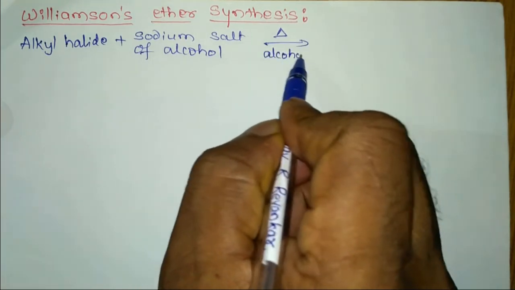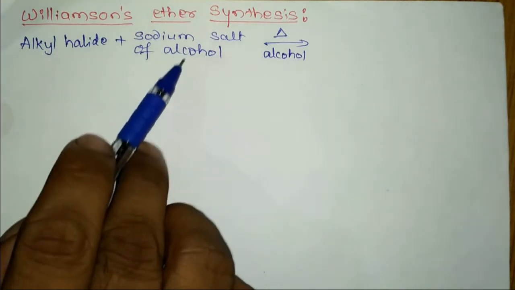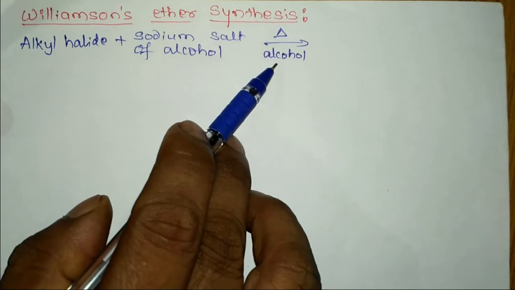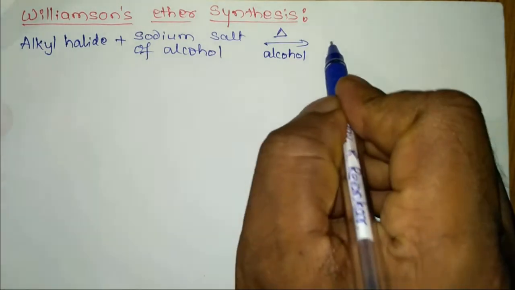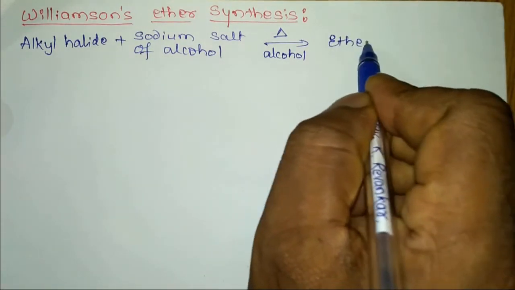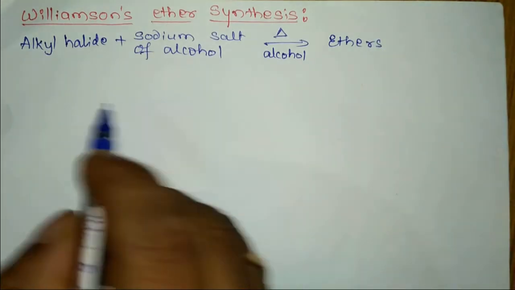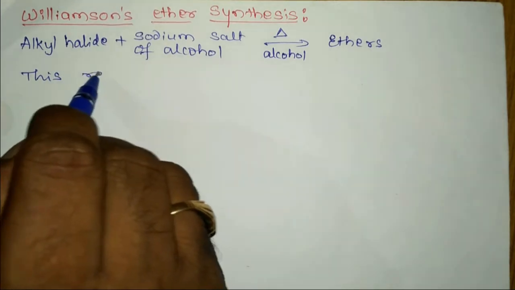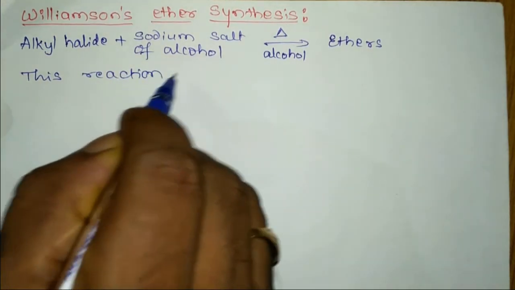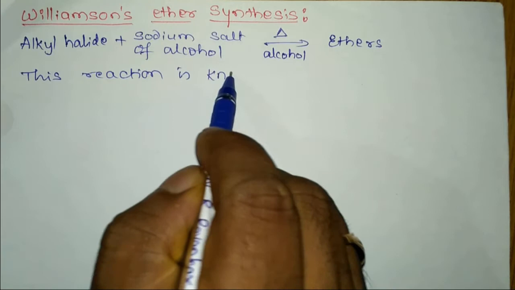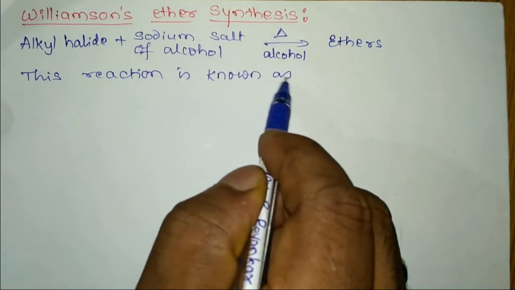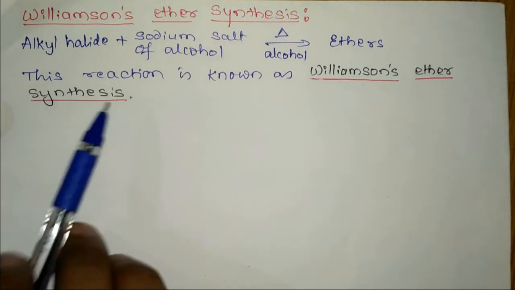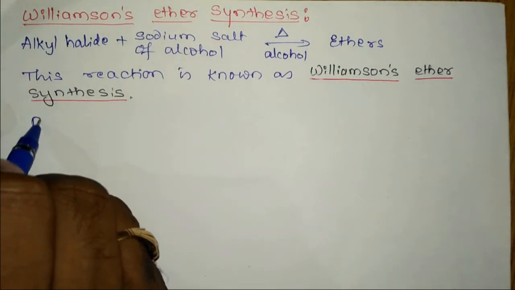In the presence of alcohol, when alkyl halides are heated with sodium salt of alcohol, ethers are formed. This reaction is known as Williamson's ether synthesis.